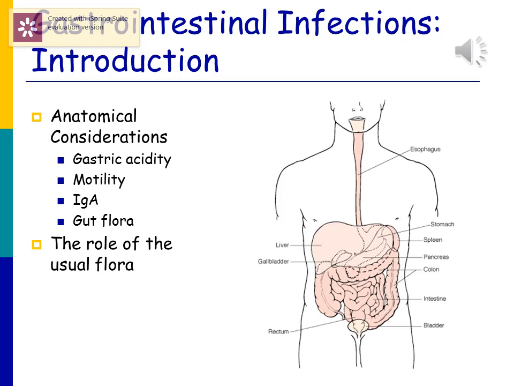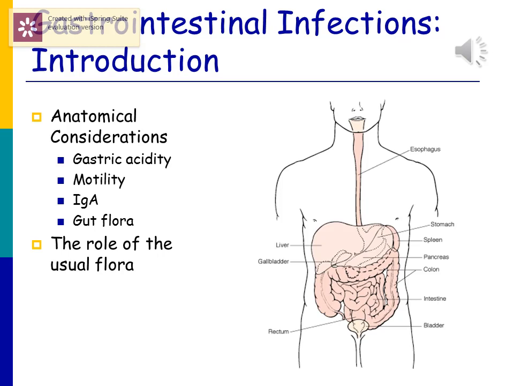So whenever you're thinking of gastrointestinal infections, you have to consider the anatomy. You have to think about the acidity and the pH in the gastric cavity, and that there's motility there. So you have movement in the stomach and intestines.